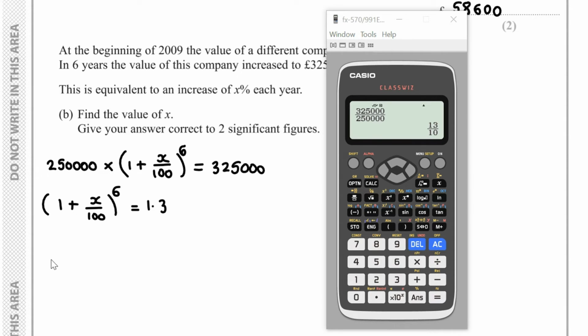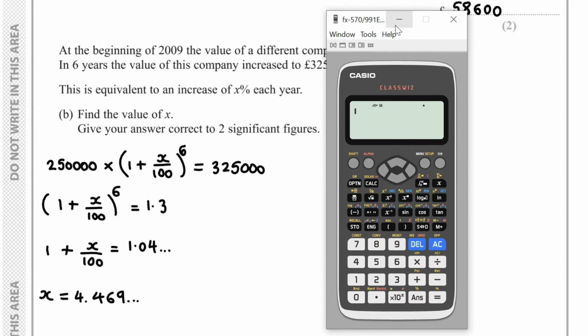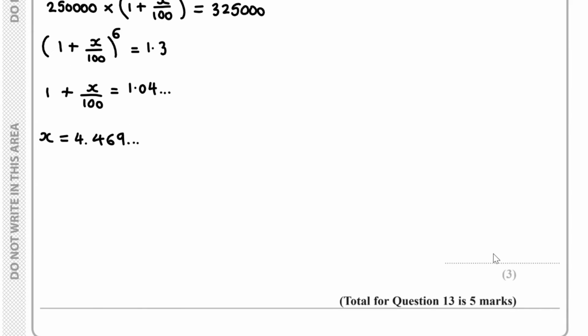And if we take the 6th root of this, we've got 1 plus X over 100 equals the 6th root of 1.3, which is 1.04, etc. And subtracting 1 from both sides and then multiplying by 100, you will find X to equal 4.469, etc. So therefore, to two significant figures, we've got X equals 4.5.